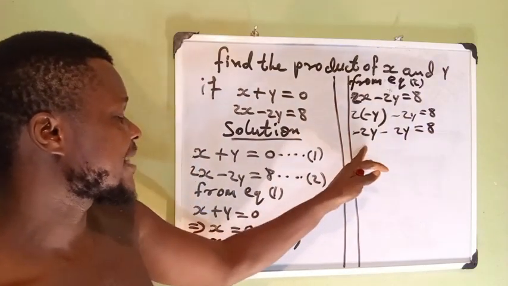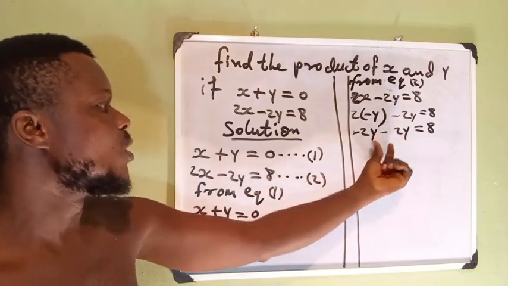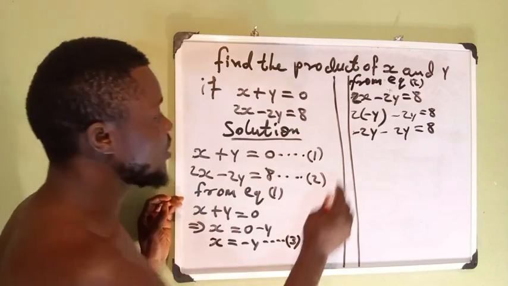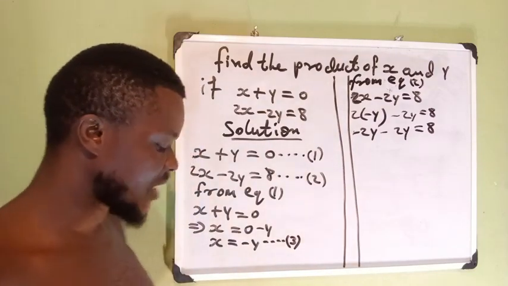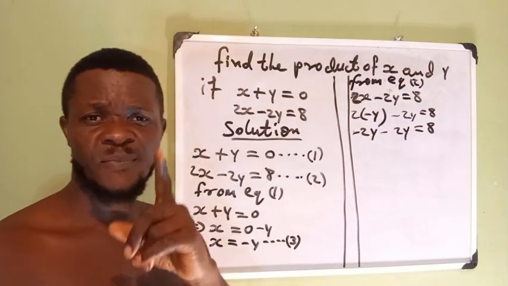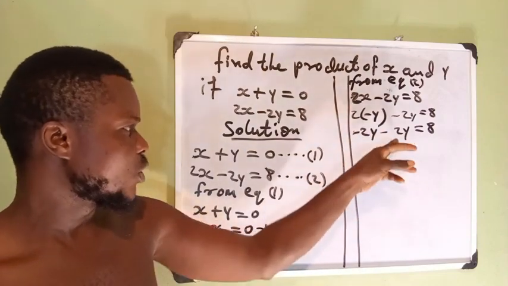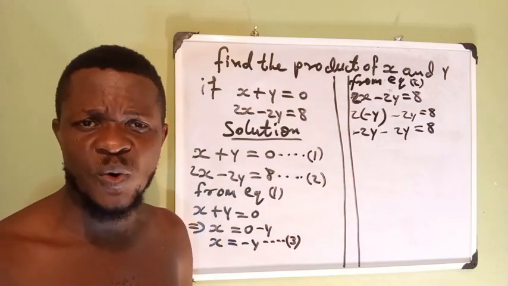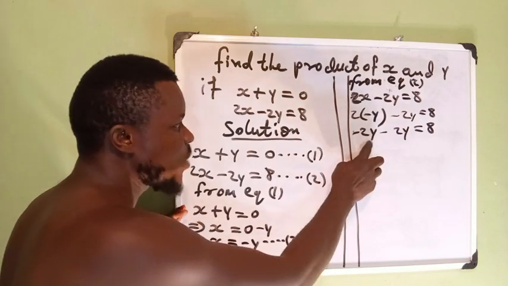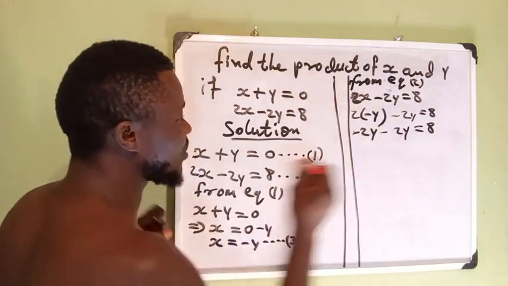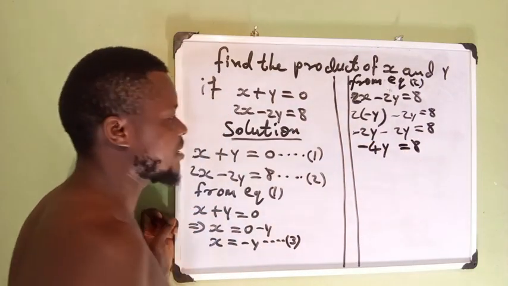Now collecting the like terms, minus 2y minus 2y again. It's just like if you are owing me $2 and you are owing my friend $2. How many dollars do you owe us? You are owing us $4. So minus 2y minus another 2y will give us minus 4y is equals to 8.